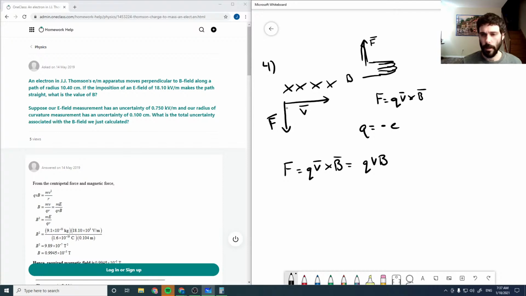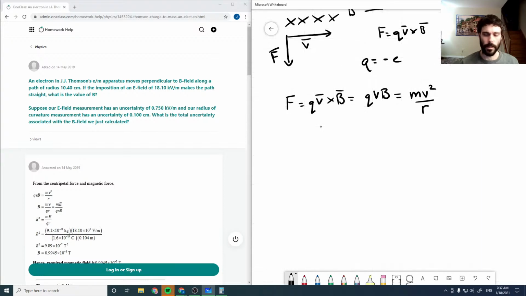Initially it is moving with a radius of 10.4 centimeters. So this is our centripetal force, mv squared over r. And so we can readily solve this for our velocity. Then we add an E field and it makes the path straight.